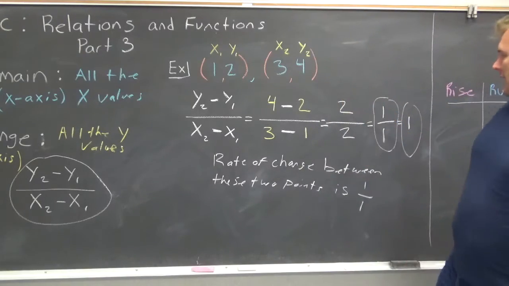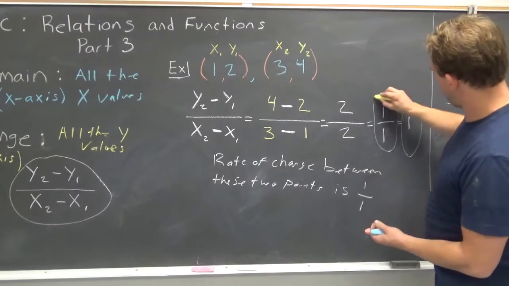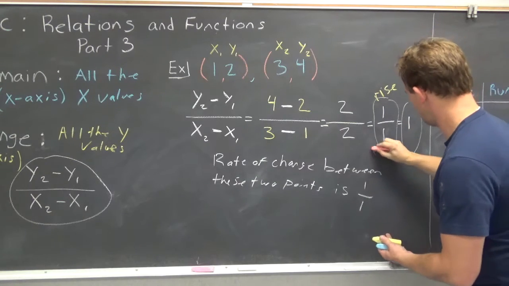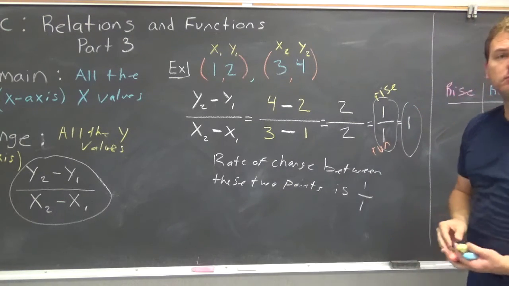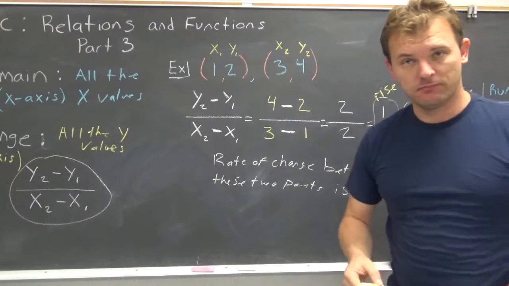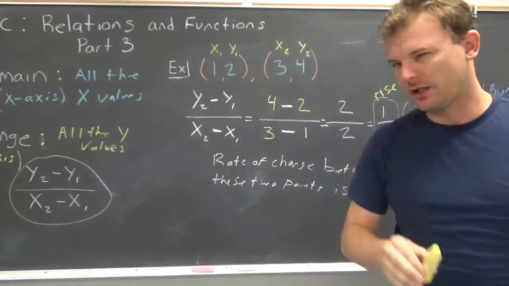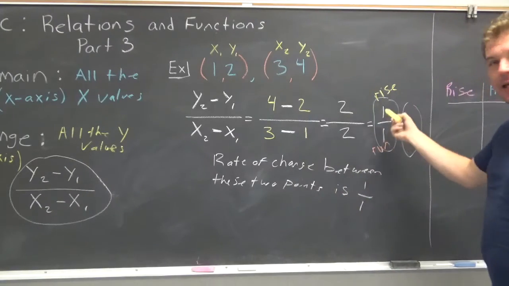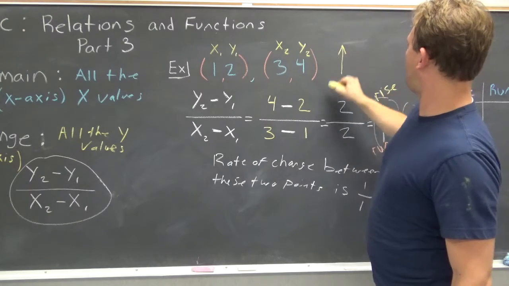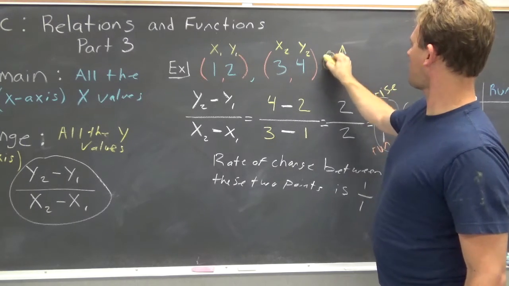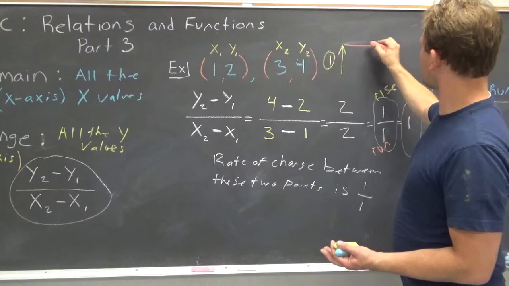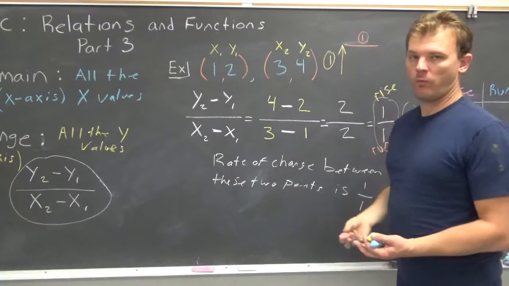So that means that I rise and run by 1. That means I do something like this. You don't have to write this down, but I want you to look at this. What does this mean? This means that I go up 1, go over 1.